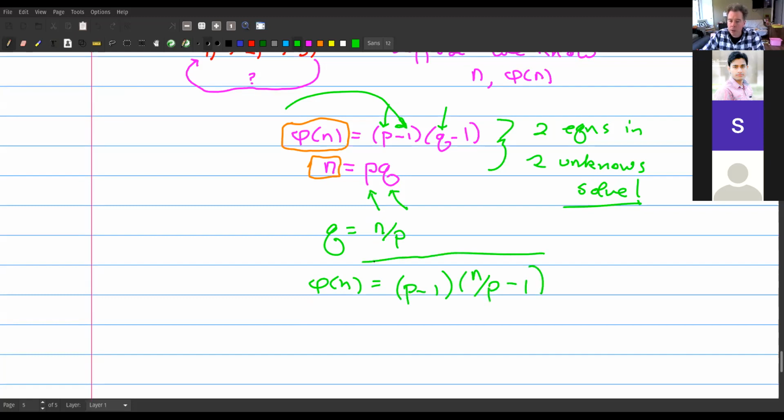So now you have 1 equation and 1 unknown. The only unknown here is P. That's just a vomitous color. And you can solve that. It's just like solving a quadratic equation, basically.